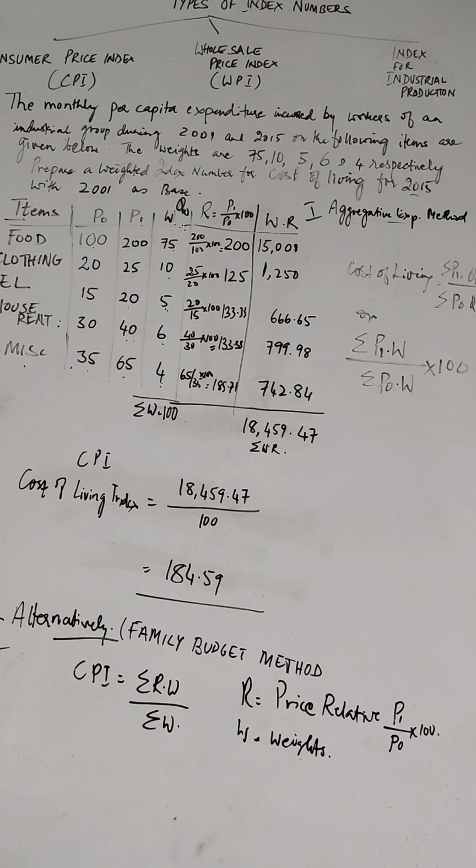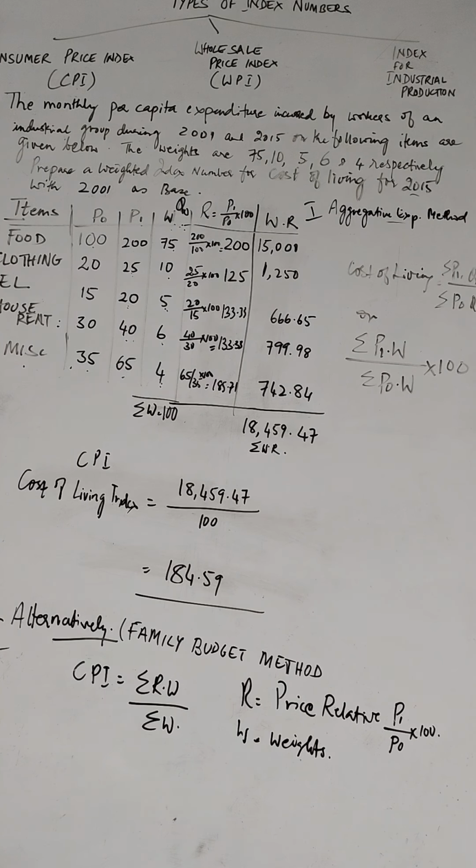For the solution of the question, there is no difference between indices and price relatives. It comes to the same. Therefore, use I in place of R in the formula. If the consumer price index is given, then it will be sigma I into W. But basically, we have this.